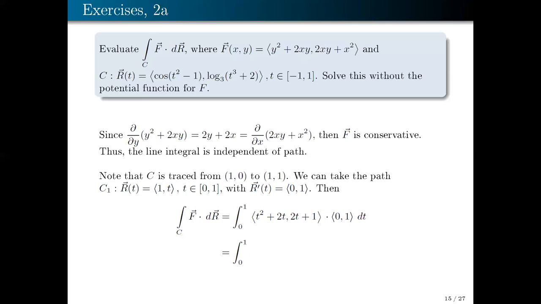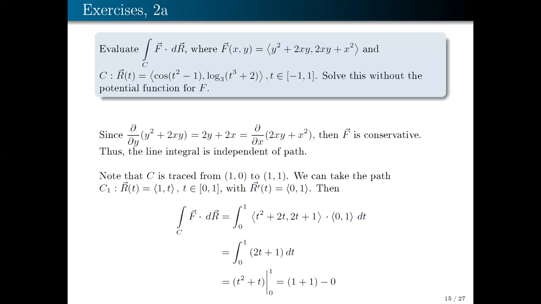That will be the integral of 2t plus 1 dt with antiderivative t squared plus t from 0 to 1. And at t equals 1, we have 1 plus 1. At t equals 0, we get 0.